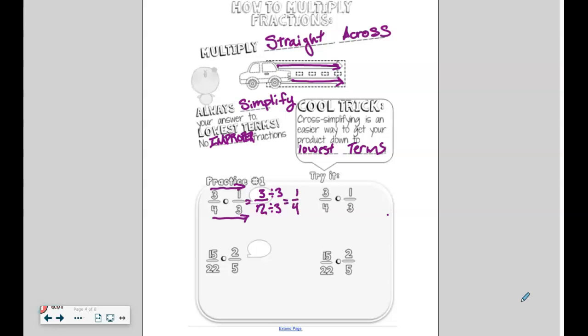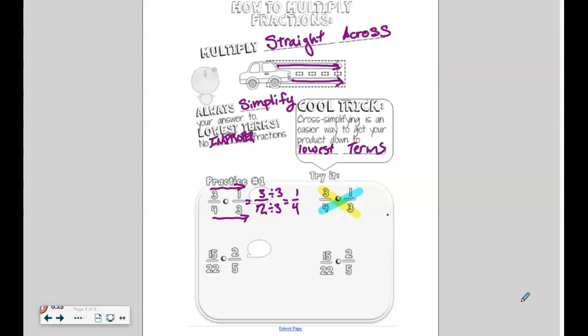Well, the nice little trick is if you cross simplify before you multiply, you can skip that reducing at the end. So you're looking for factors before you multiply. We see that 3 and 3 have a common factor of 3.